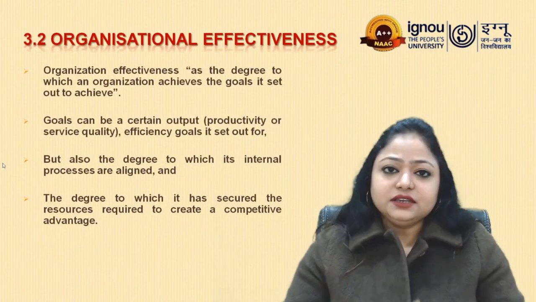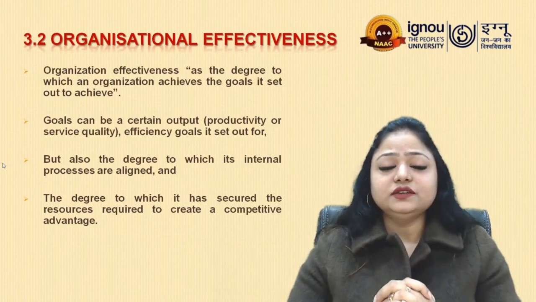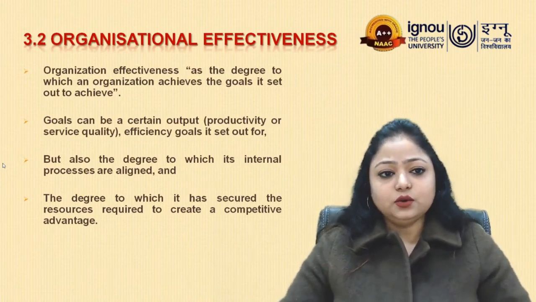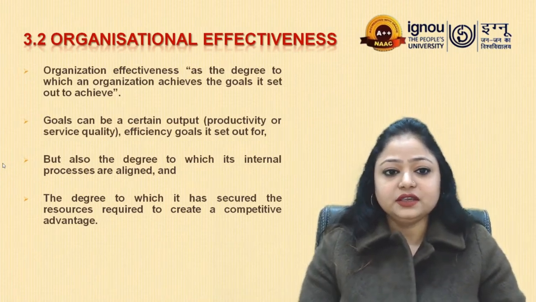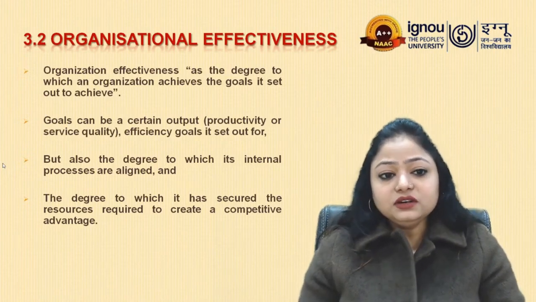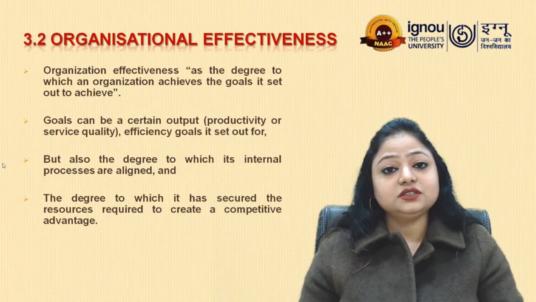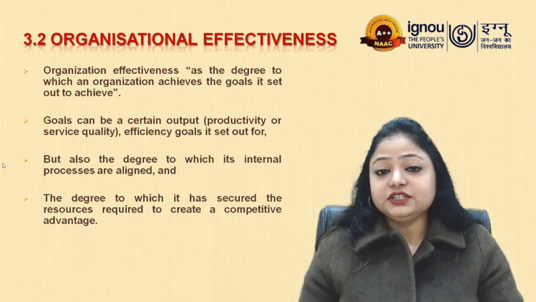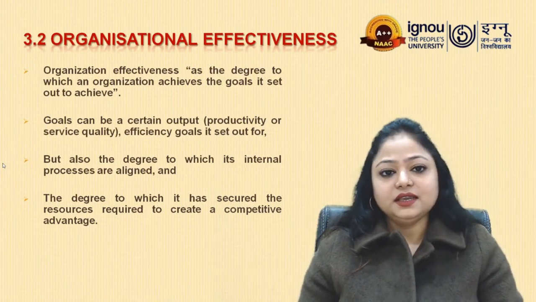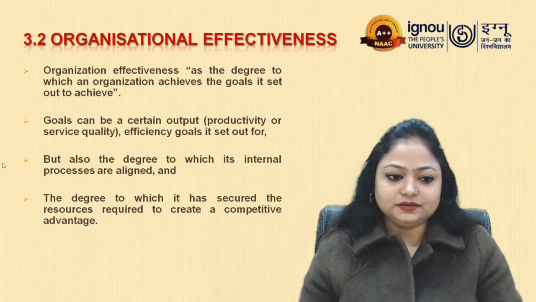So, organizational effectiveness is the degree to which the organization achieves the goals it sets out to achieve. And these goals can be a certain output or productivity, service quality, or efficiency goals. But it can also be the degree to which its internal processes are aligned.